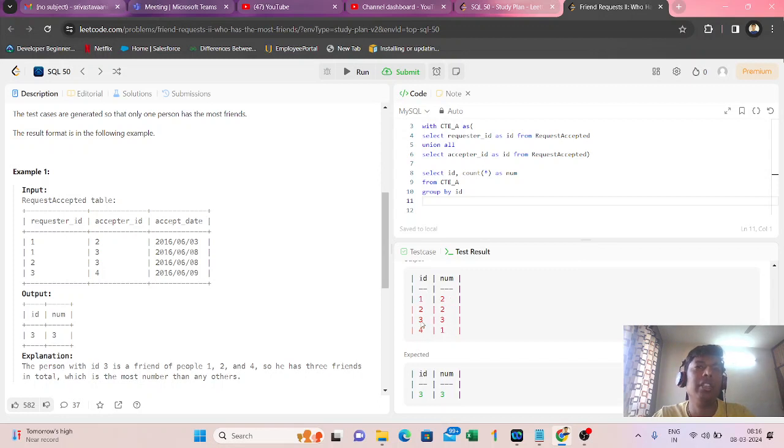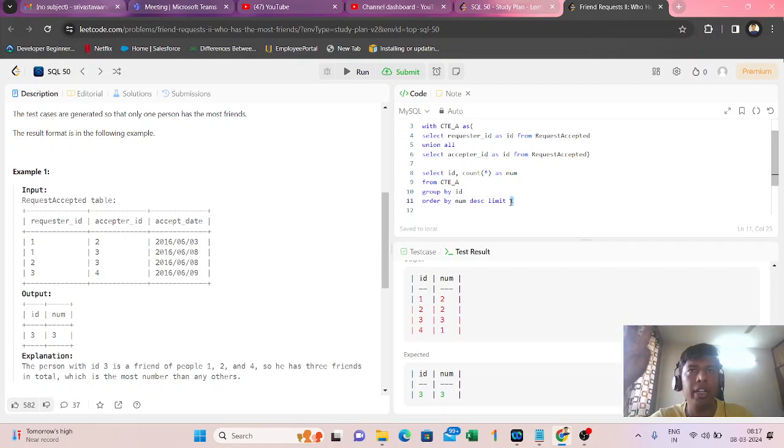How to get this three in our output? Be with me in this. Order by num descending. What will we get? 3 as the first entry if we run this. And if we do limit 1, we have already used the limit clause in our previous video. Limit selects the number of rows given by the parameter after the limit.